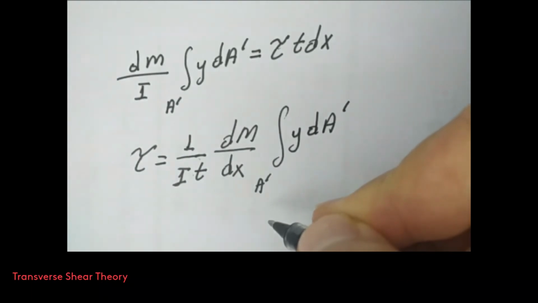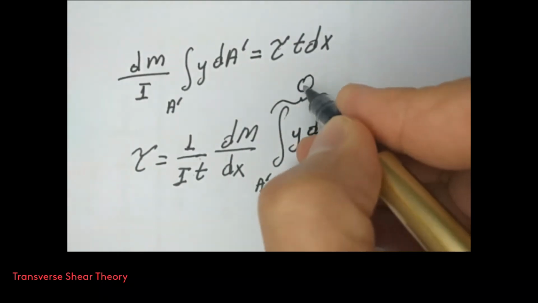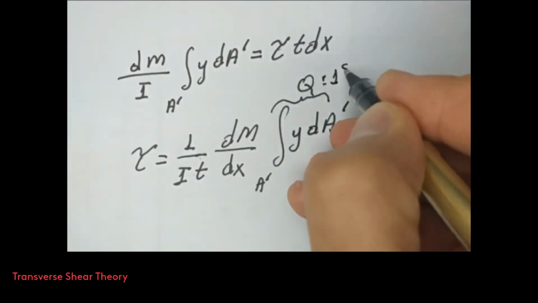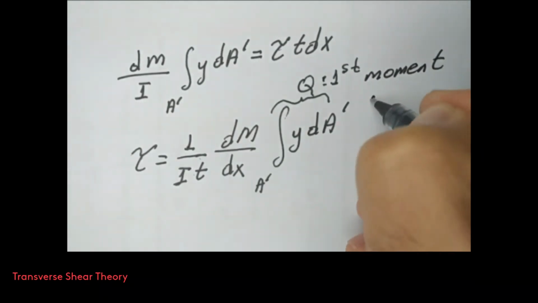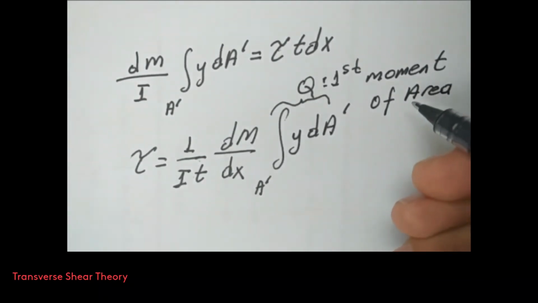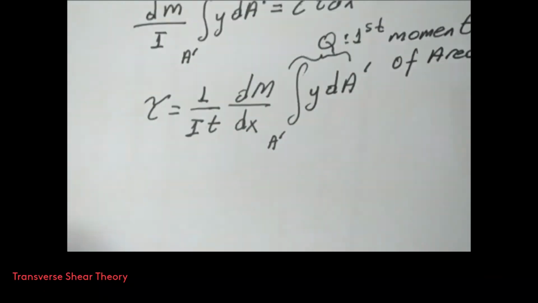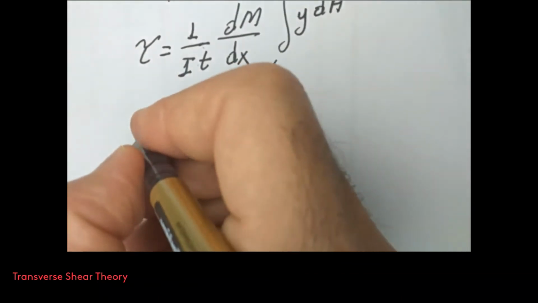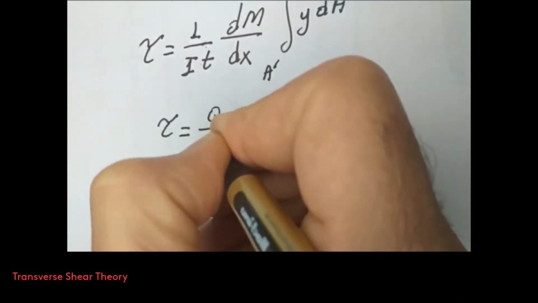This integral, we call this Q. In fact this is the first moment of the area. So certainly the shear stress is then Q over I t dM dx.